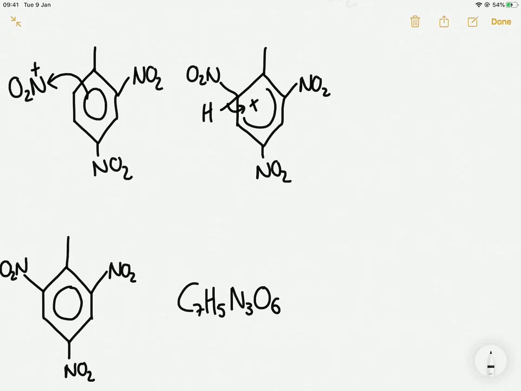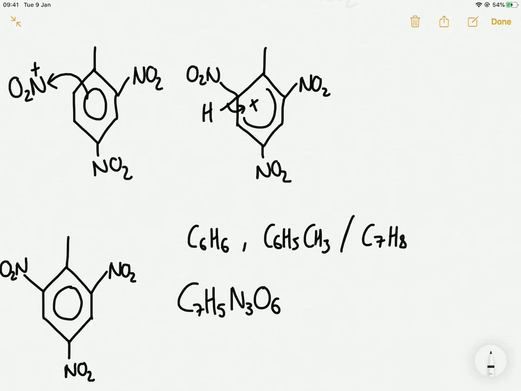The molecular formula for TNT is going to be C7H5N3O6. If you're not sure how to arrive at that, remember that benzene in the first instance is C6H6. Methylbenzene would be C6H5CH3 or C7H8.